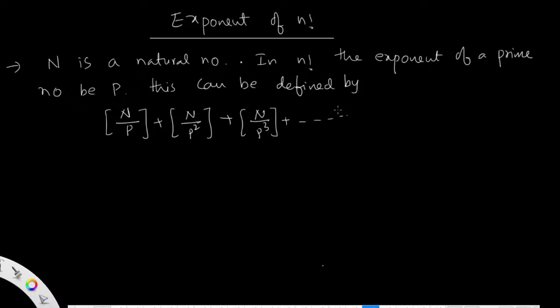So the exponent of n factorial is written as this floor formula, or else in another shortcut form we can write the sum of floor of n by p power i. The factorial values they will give.